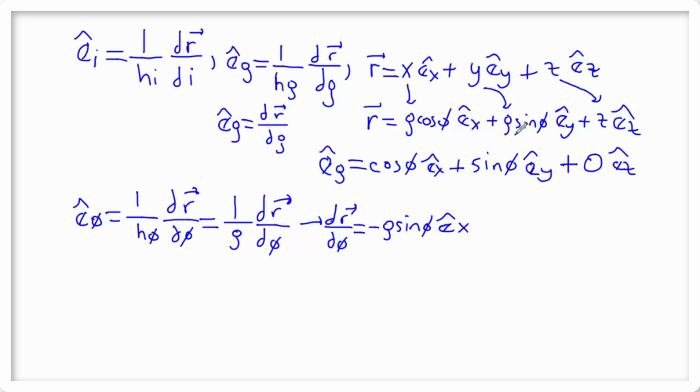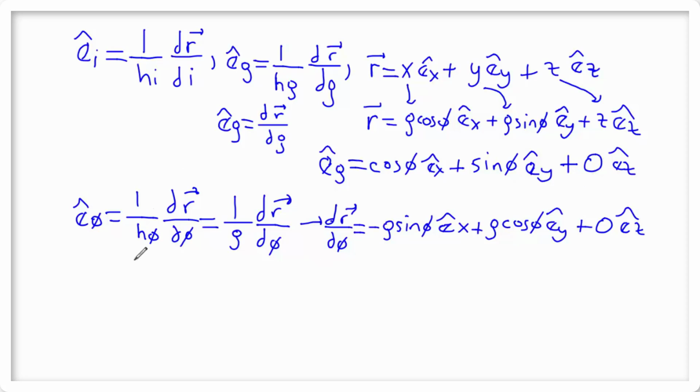In the same way, what is the derivative of sine phi according to phi? When we take the derivative of rho cos phi ey, it is again 0 for z because it is not connected to phi, just as it is at the top.